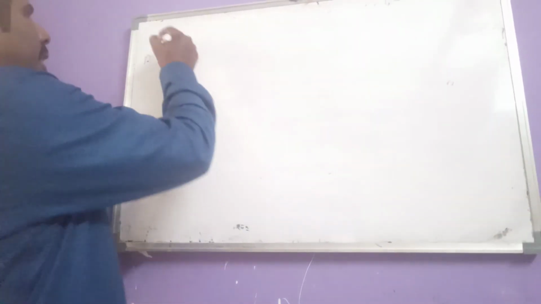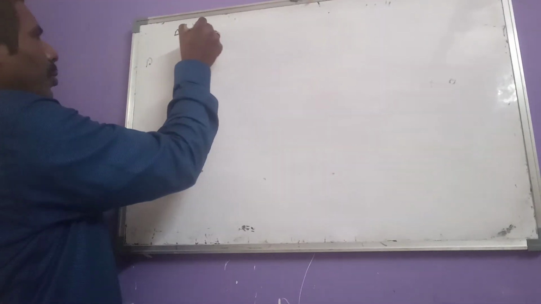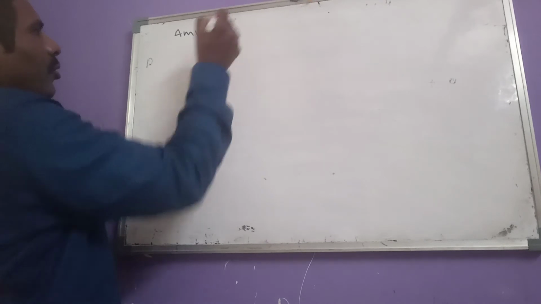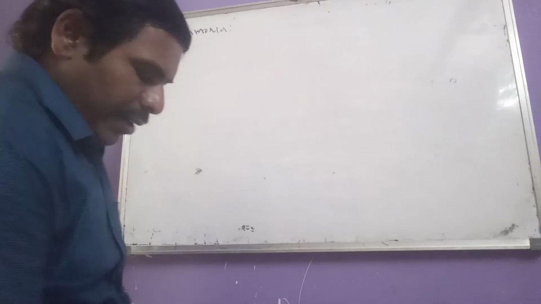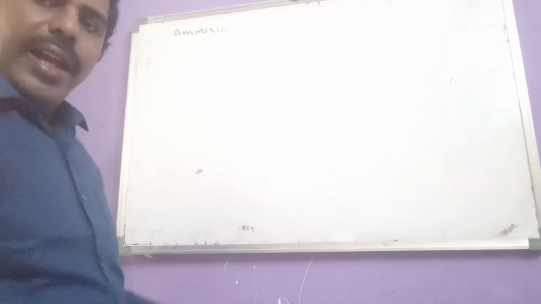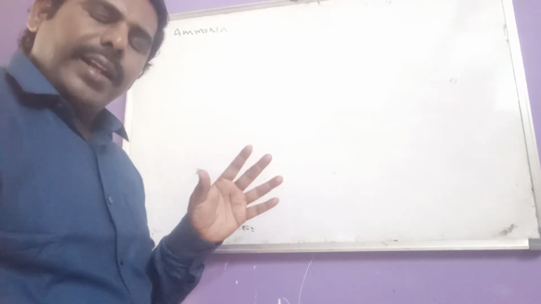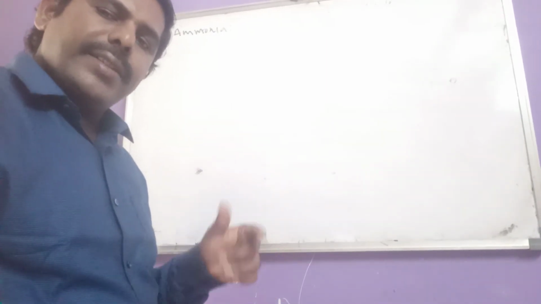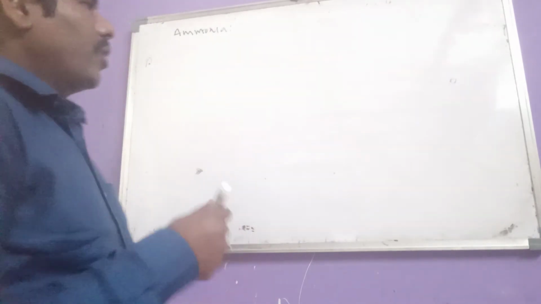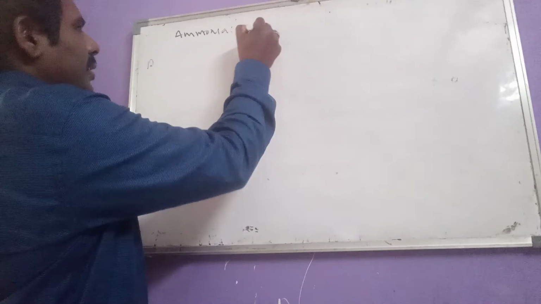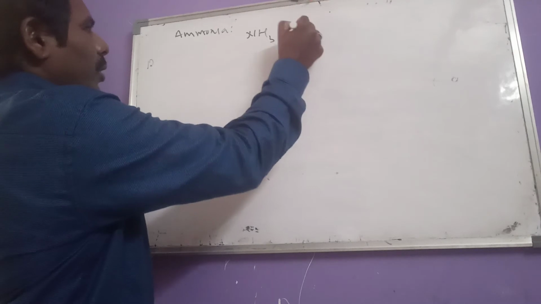Another thing is reaction with ammonia. In this also two conditions are there. First one is reaction with excess of ammonia, and another one is reaction with excess of halogen. Now first, NH3 plus fluorine.